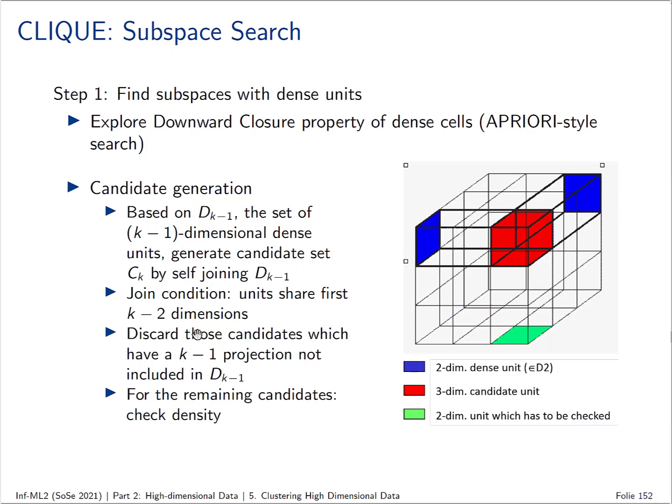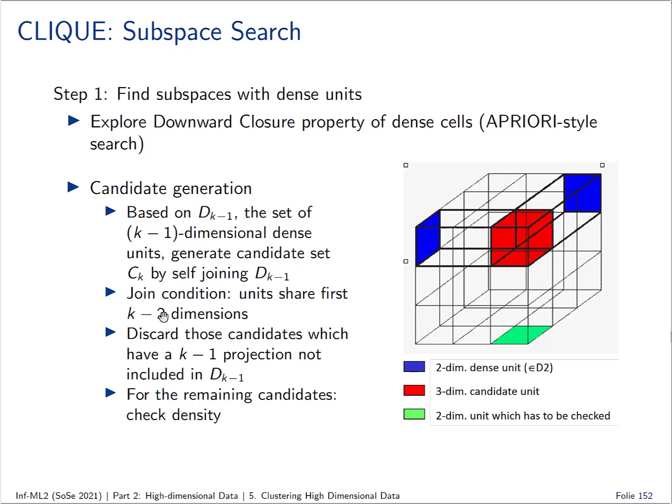So once again, the join condition: units share the first k-2 dimensions. We look at the k-1 dimensional dense units and join them if they have the first k-2 dimensions in common. K-1 in our example was 5, k-2 is 4, so they need to have the first 4 dimensions in common.